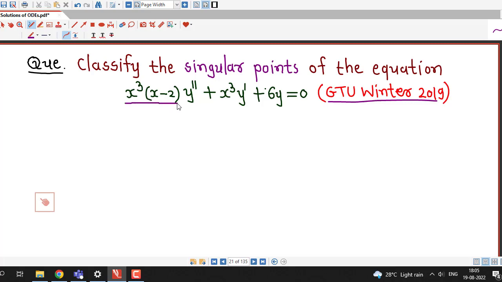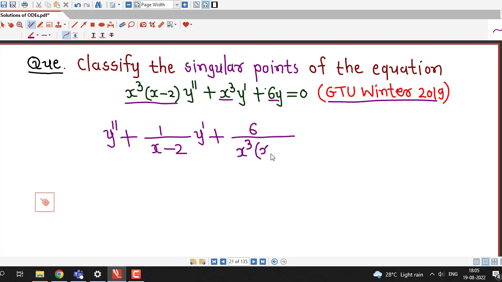This coefficient is not 1, so first we divide the whole equation by this coefficient, and x cubed will cancel out, and we will have y double dash plus 1 divided by (x minus 2) times y dash plus 6 divided by x cubed times (x minus 2) y equal to 0. We call this given equation number 1, and this is in standard form.